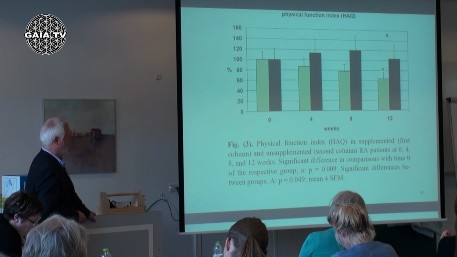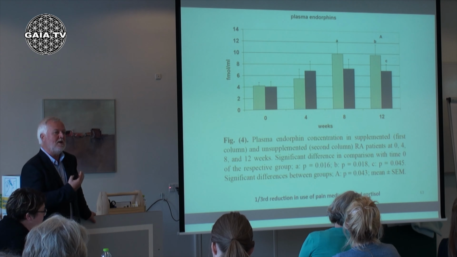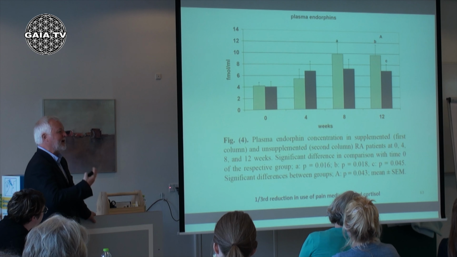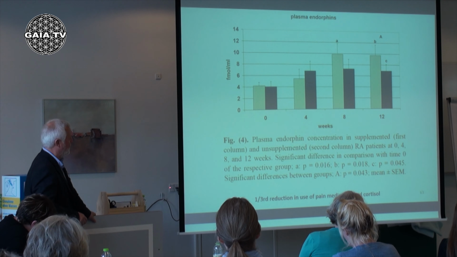We also measured the amount of plasma endorphins, and these are the substance, our individual pain medication, to say. These are our happy hormones, and you see simply by alkaline supplementation you have an increase in plasma endorphins compared to the control group.